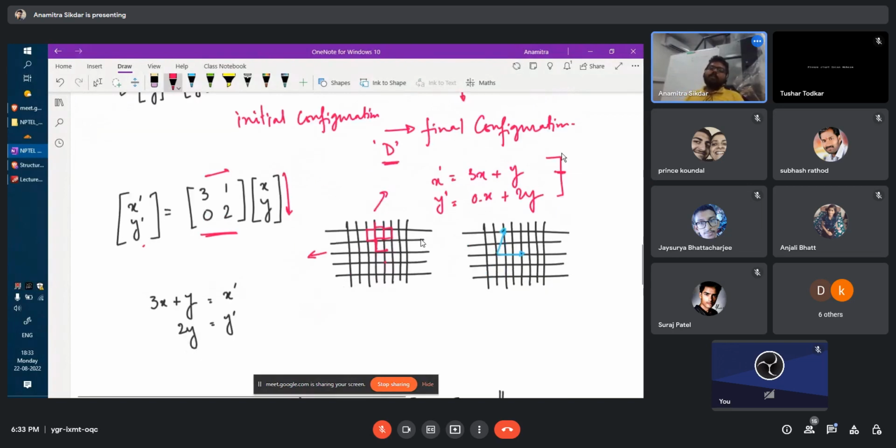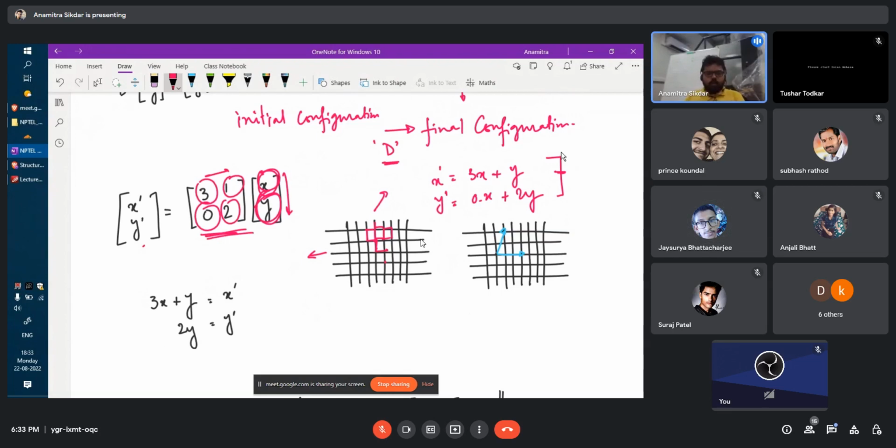If you look very closely, that will be 1 into y, so y dash, the y coordinate. So 3 times x, 1 times y, again 0 times x and 2 times y. Simple matrix multiplication.